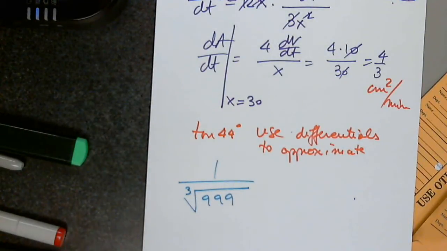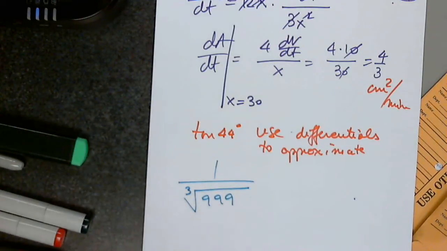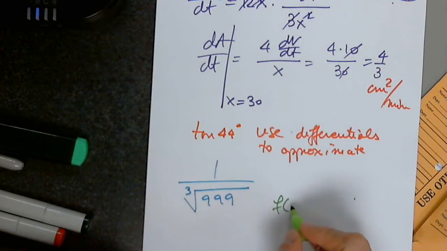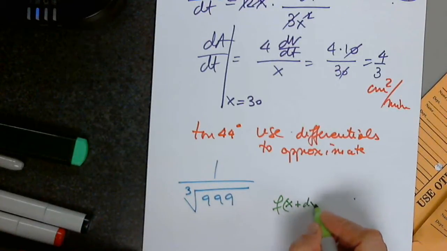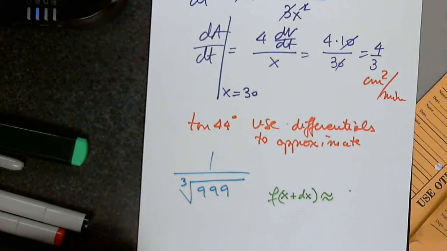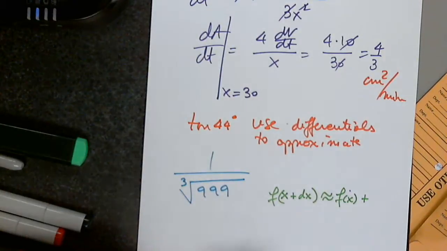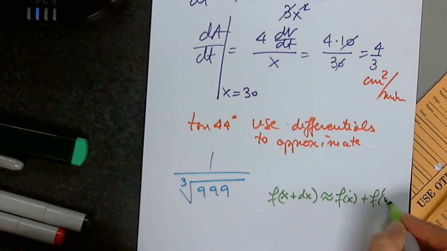What is the formula? We just wrote it half an hour ago on the review sheet. Which formula for approximating? f of x plus a little bit of x is approximately f of x plus a little bit of y, which is dy, f prime of x dx.